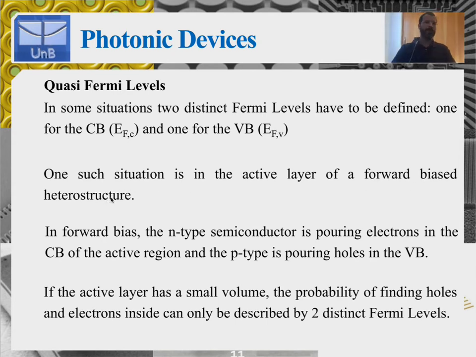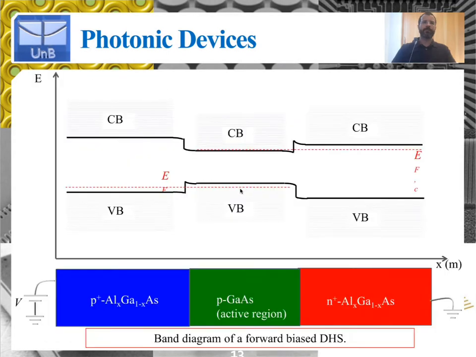We mentioned, and we're going to come back to this, that in the active layer, the middle layer of a double heterostructure, especially if you forward bias it, so if you apply an external potential, you will have lots of electrons in the conduction band and lots of holes in the valence band.